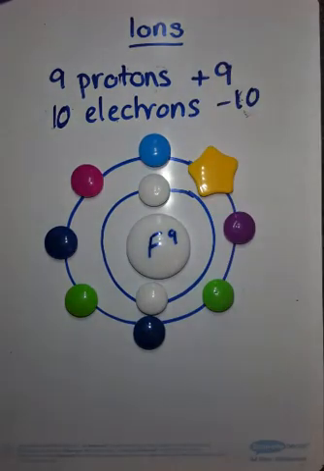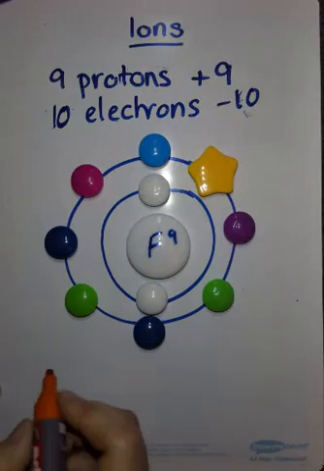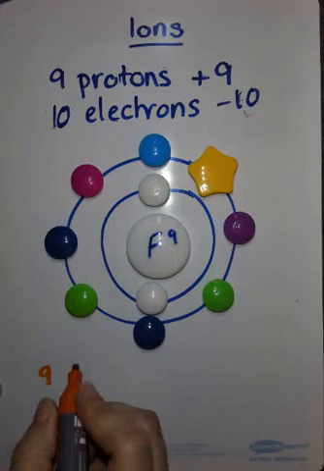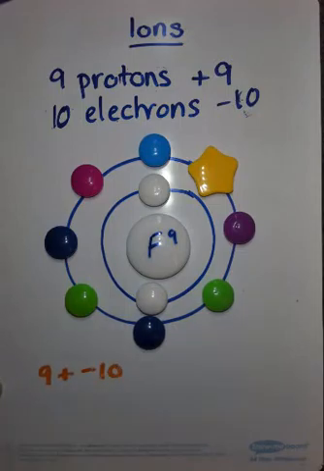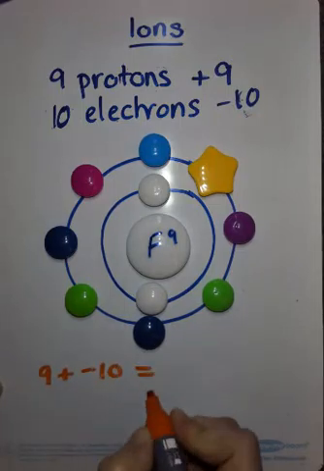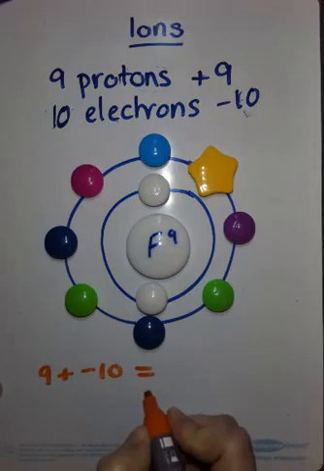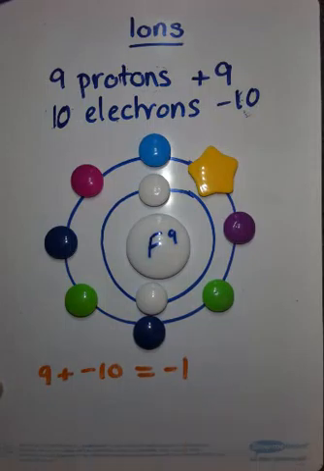So again, if we do the same thing that we did before with our math, we're going to have 9 plus negative 10. Now hopefully, like you would tell your maths teacher, you're going to tell me that 9 take away 10 gives you negative 1.